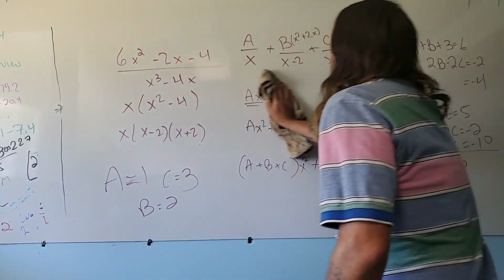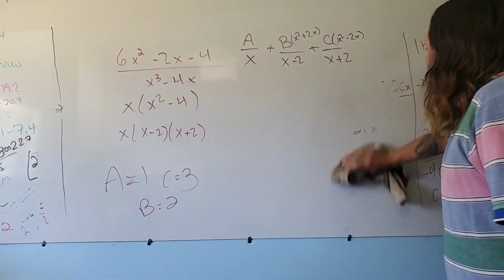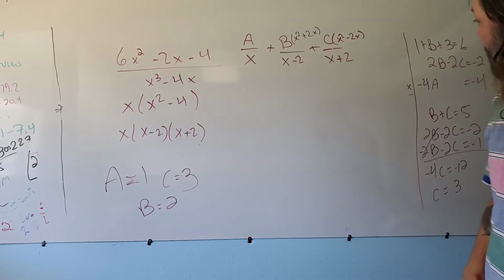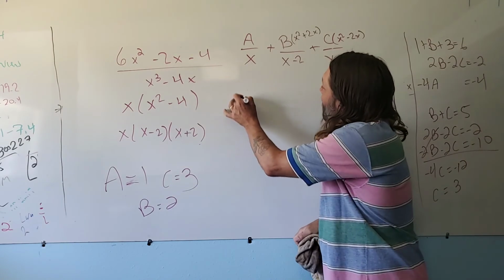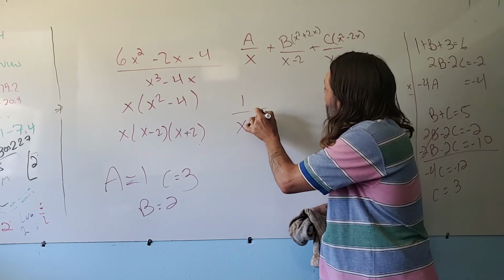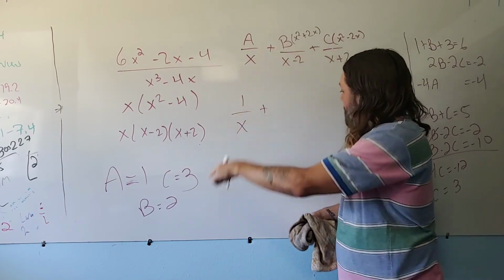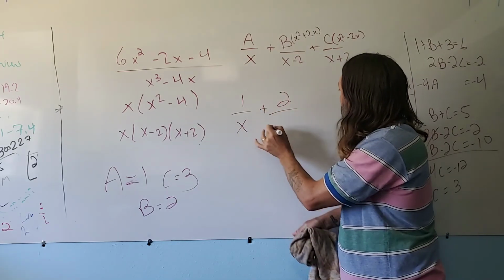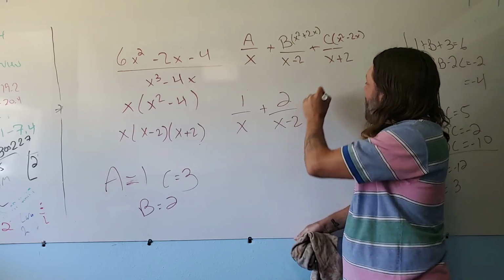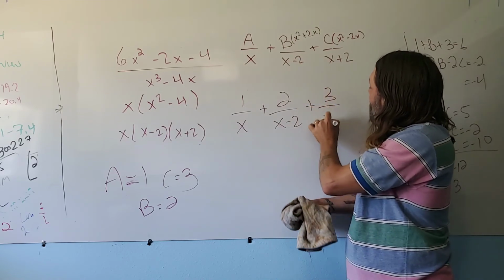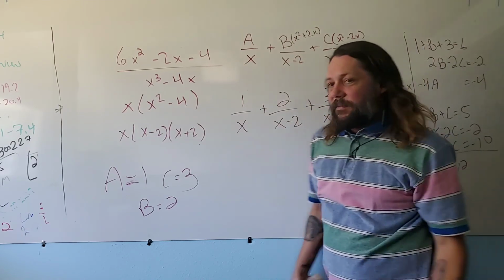So A is 1. I get 1 over x, plus B is 2, so 2 over x minus 2, and C is 3, and that was over x plus 2. All right, that's all we're doing.